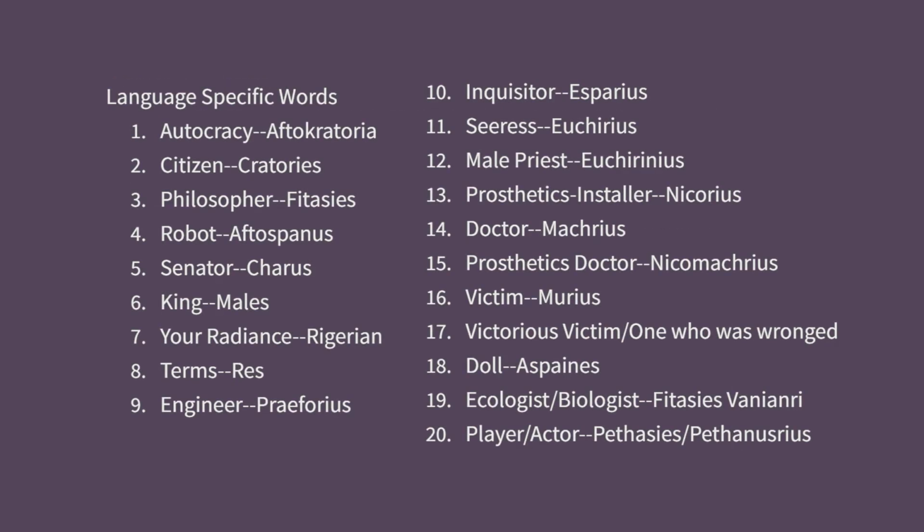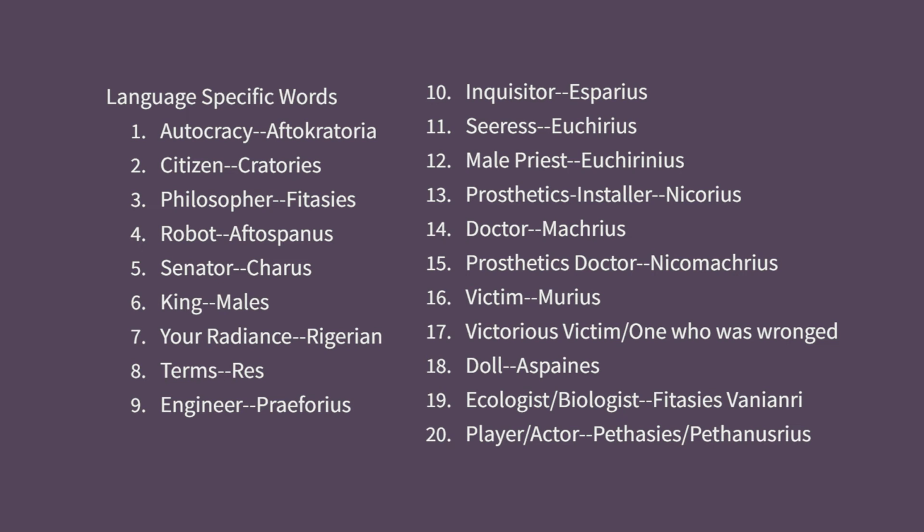Autocracy, Atarcatoria. Citizen, Cretorius. Philosopher, Phtasius. Robot, Aphtophanes. Senator, Carus. King, Malus. And this word can also be applied to other rulers of any gender, technically.